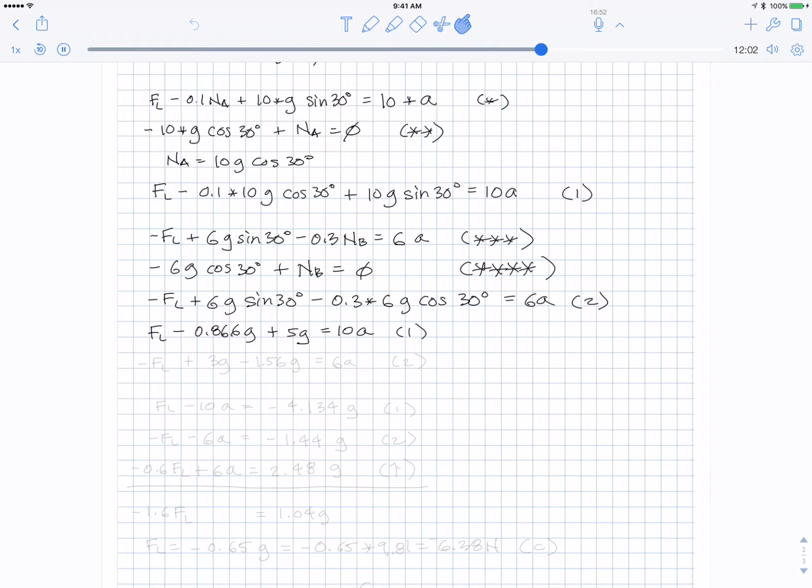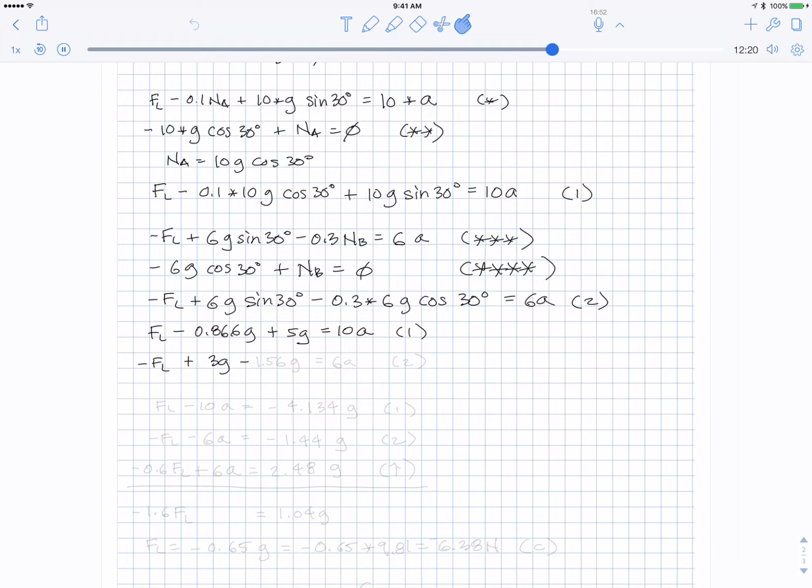I'm going to simplify equation 2. 6G sine 30 degrees turns out to be 3G, because sine 30 is a half.